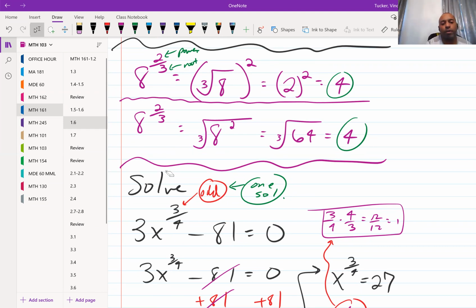All right, so let's look at the first equation with this type of scenario. We have 3x raised to the 3/4 power minus 81 equal to 0. We want to isolate this x because that's what's being raised to the 3/4 power. Notice that m is odd, so that means we're only going to have one solution.